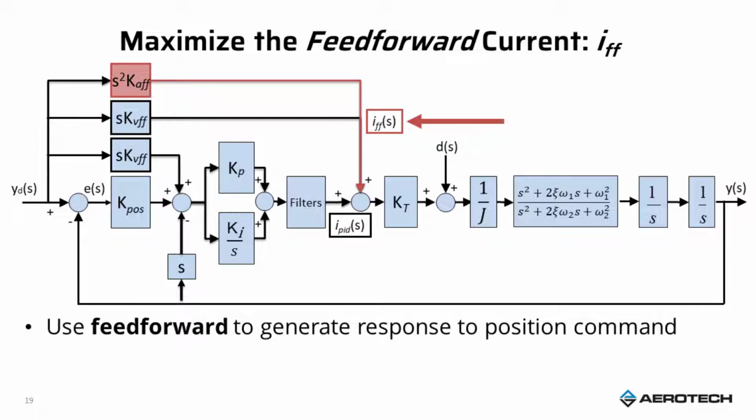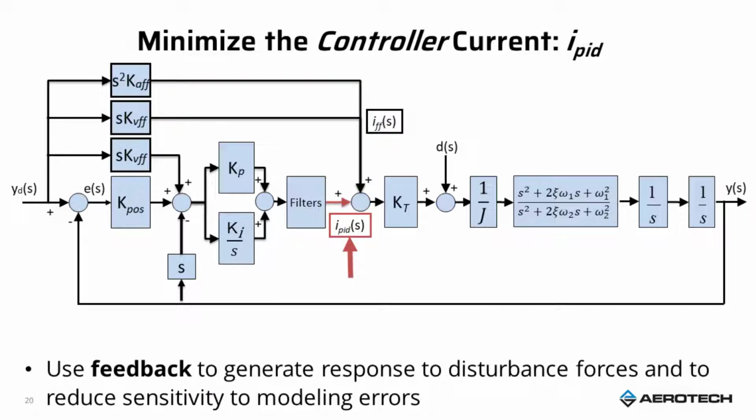So just as a reminder, we're going to look at this current coming out of the block s squared KFF, which takes its input from the command and produces a current input into a command input to the amplifier. This is the current we're interested in maximizing. And then the current coming from the control law, which is the current out of the filters into the power amplifier, this we're going to try to get as close to 0 as possible.